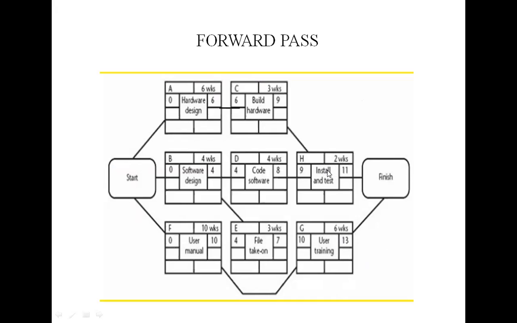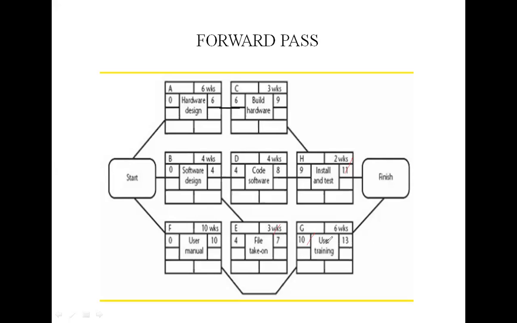So activity H must therefore start at week 11, that is 13 minus 2, and the last start date for activity G is 10, that is 13 minus 3.